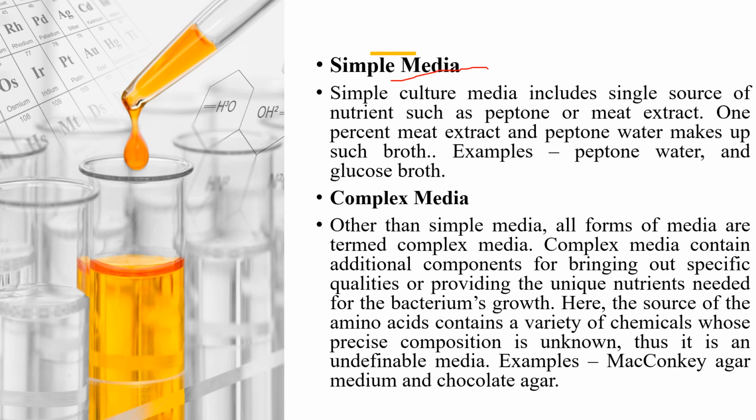They contain additive nutrients such as yeast extract, NaCl, different dyes, serum, and blood. That's why they are known as complex media, because they contain complex nutrients. Some organisms need complex nutrients; these organisms are known as fastidious organisms, because they have special requirements for their growth.